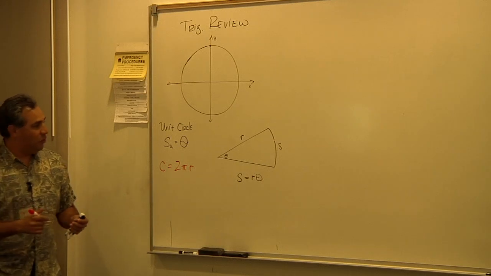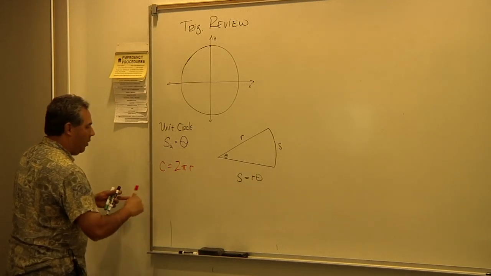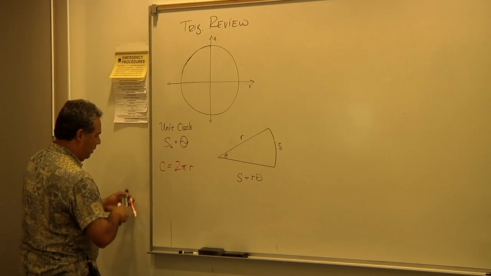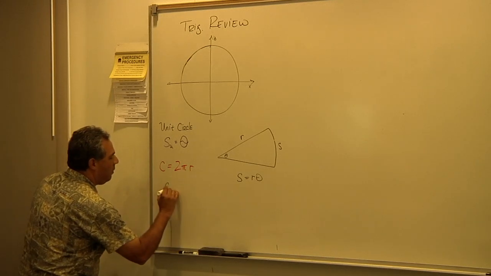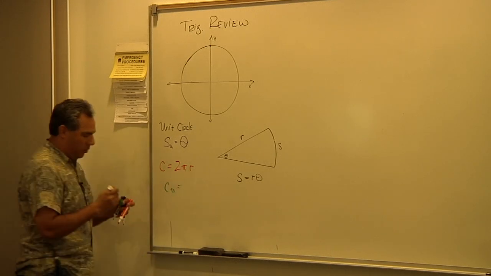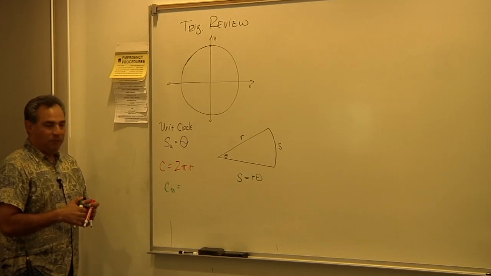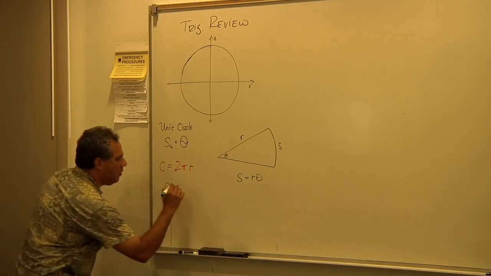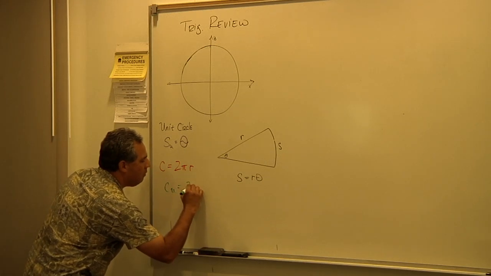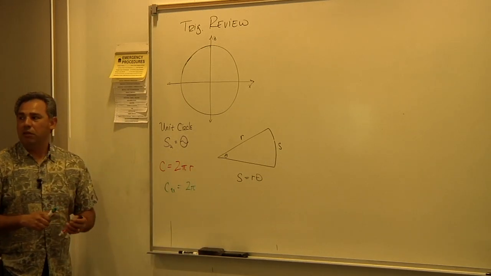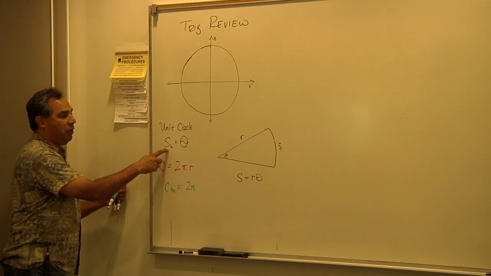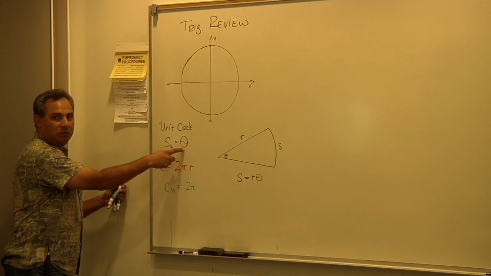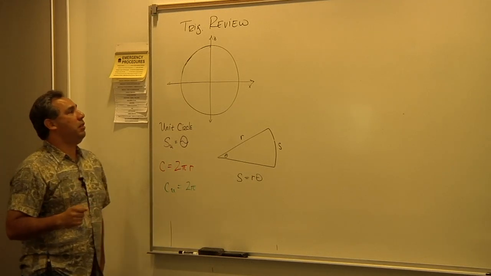Now in the unit circle, the circumference is equal to what? 2 pi, correct? Because r is equal to what? 1. So in a unit circle, the circumference is equal to 2 pi. And what's the length of the arc equal to? Theta.